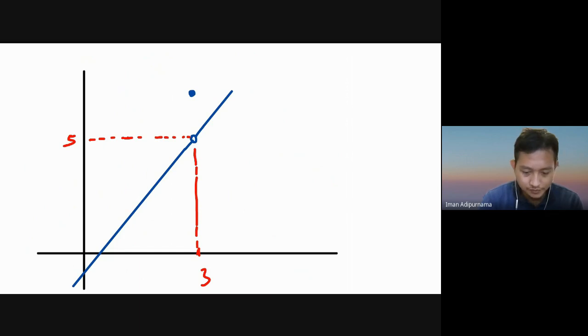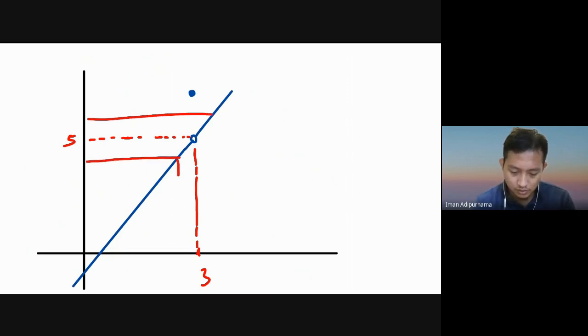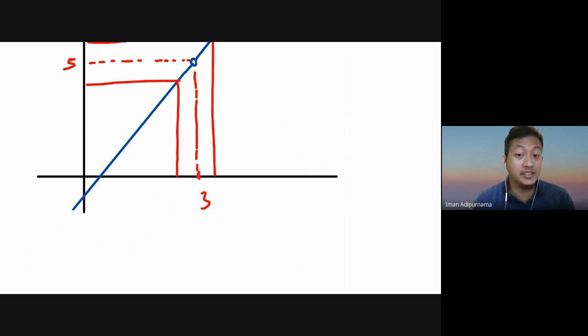And we have another point nearby 3. So where is the delta? The delta is actually the distance between here. So let's say this is 3 minus delta, and this is 3 plus delta. So the delta is actually here, the small distance.